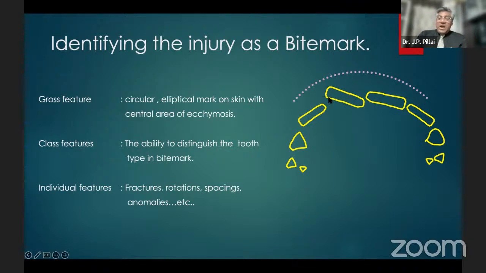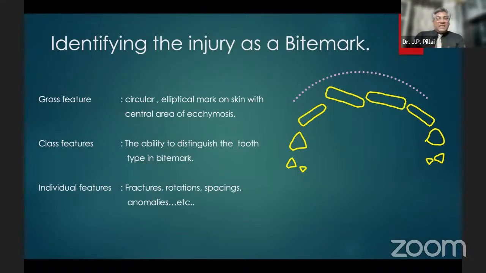So the rectangular pattern of the incisors, the triangular patterns of the canines, and when we go to bicuspids, there is a possibility that we encounter two such triangles, one smaller and one bigger. That will help us in identifying this particular tooth is incisor, this is canine, and this is premolar. So this is called the class characteristics.